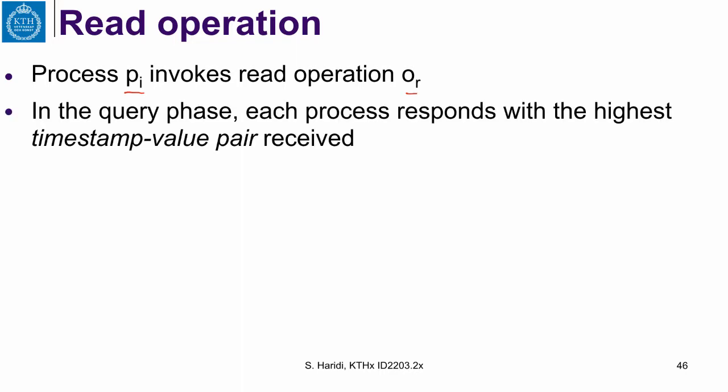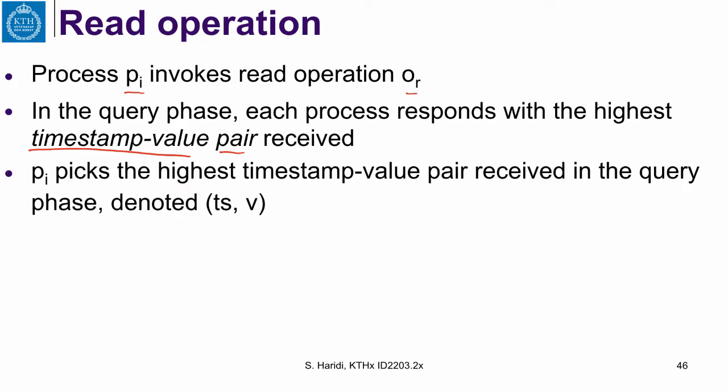In the query phase, each process responds with the highest timestamp value pair. Now the process has received a majority of timestamp value pairs, and Pi picks the highest timestamp value pair received, denoted TS and V. The highest timestamp means this is the most recent write, and it should read the most recent write.